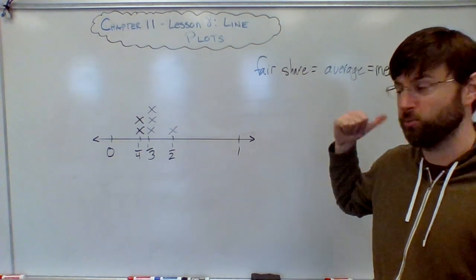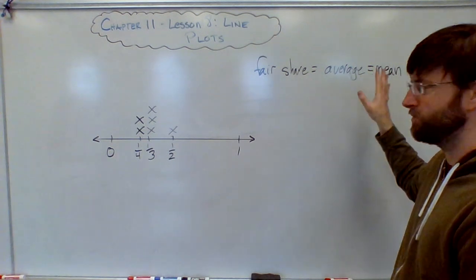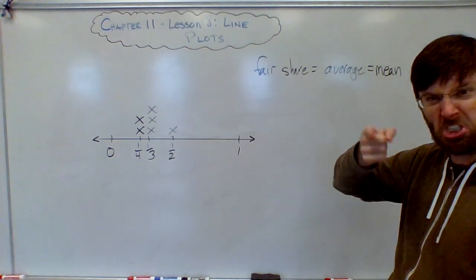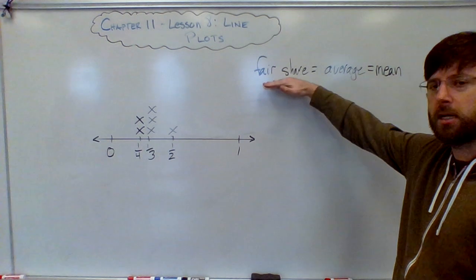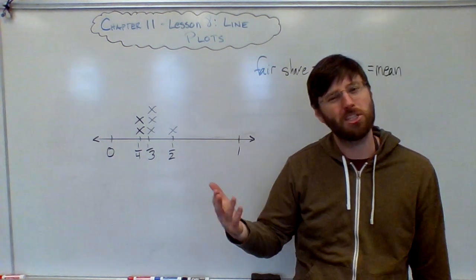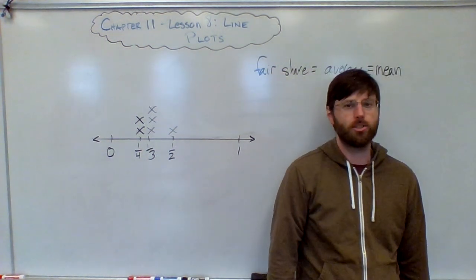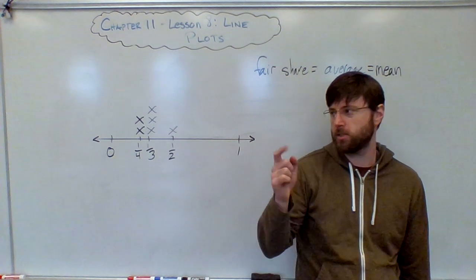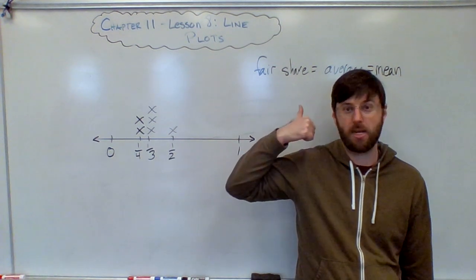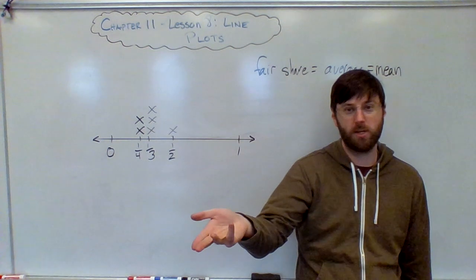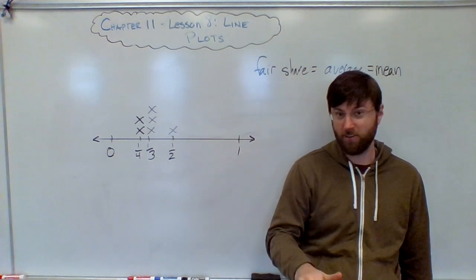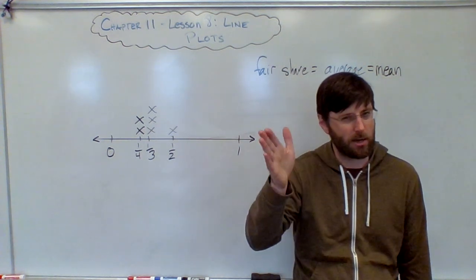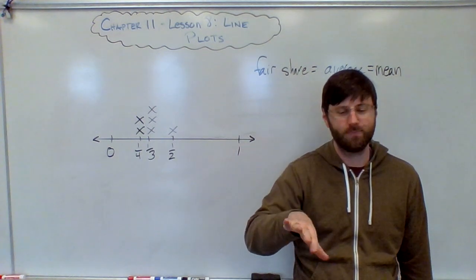I actually don't know how the meaning of this word relates, but it's not that kind. But fair share is the easiest way to really think about it. So in some ways, some of the people who are best at figuring out mean averages are kindergartners, because they're very concerned about everyone having a fair share, right? So kids, if you think about it as fair share, it's pretty helpful.